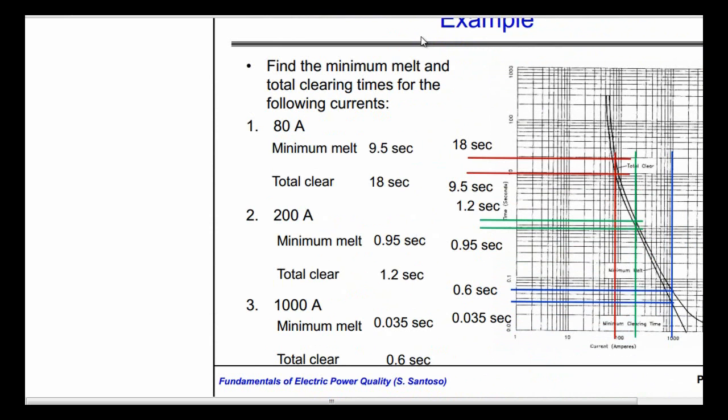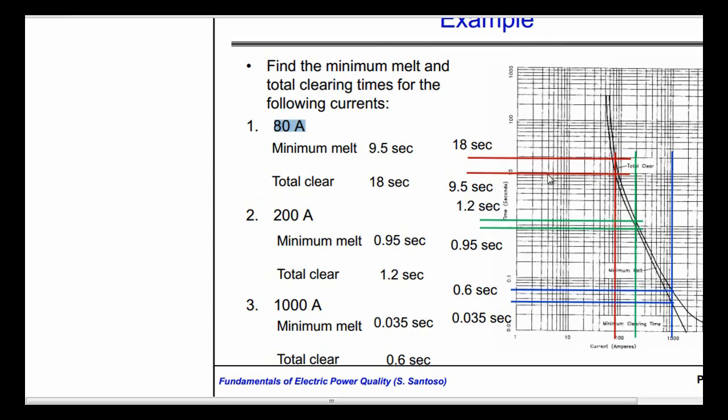An example for the fuse operation: find the minimum melt and total clearing times for the following currents. If we have an 80 amp fault current, then we will look at the currents on the x-axis. This is 80, so we will go up until we reach here.